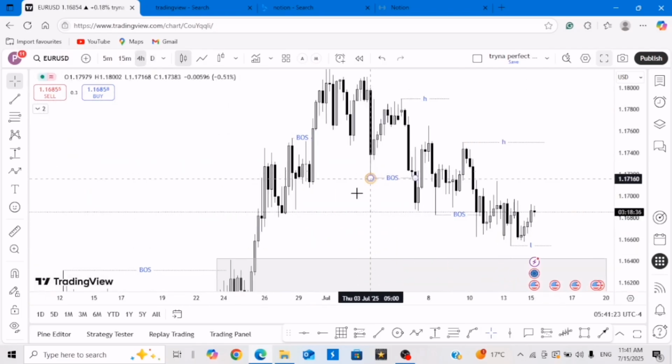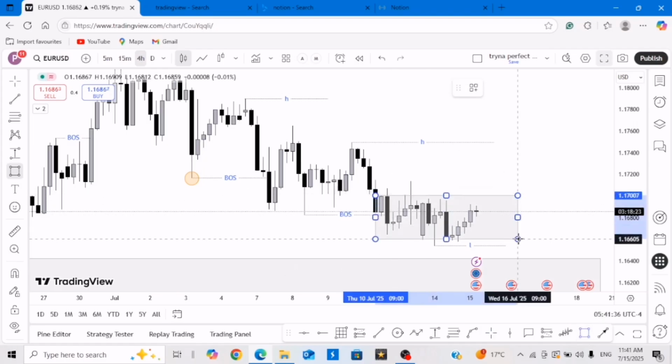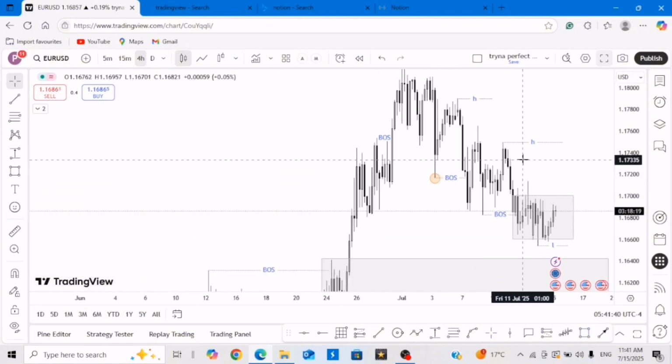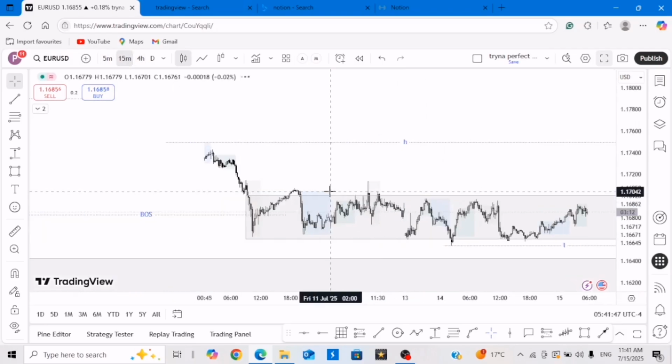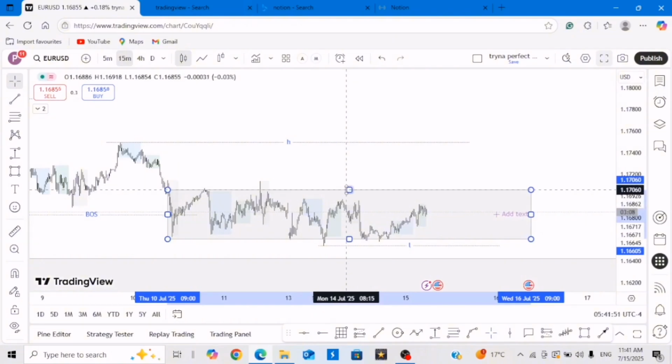So yeah, guys, this is how Euro USD looks like for me. Right now we are in this little consolidation because price is moving mad choppy right here. If you look at the 15, this is a mess. This is a mess right here.